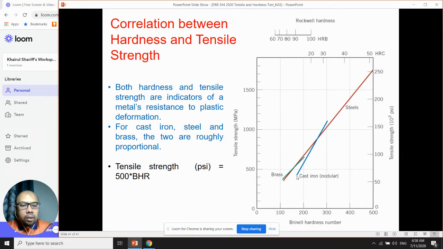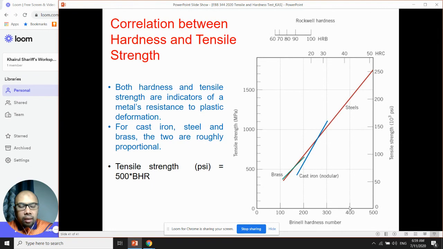You have three example metal materials: brass, cast iron, and steel. Among these three, steel shows the highest tensile strength compared with brass and cast iron. For steel, when you increase its tensile strength up to 1500 here, you can see the Brinell hardness number increases.